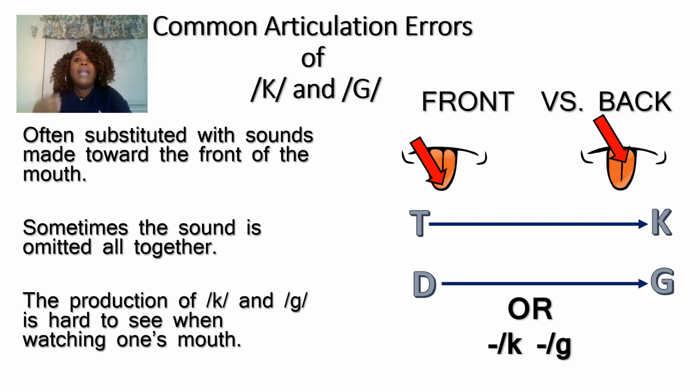So you would have to rely on things like getting them to listen to the difference between a correct production and an incorrect production. You simply do that by getting them to understand, look, yours does not sound like mine. You can record them saying the sound versus you saying the sound and get them to listen between the two. We have an activity that we call auditory bombardment.